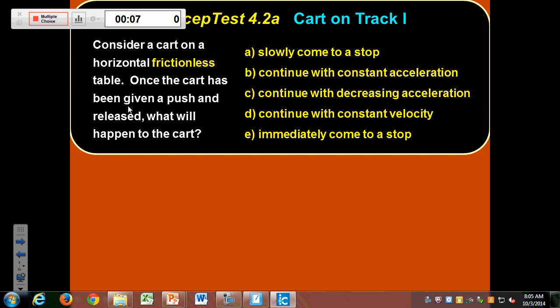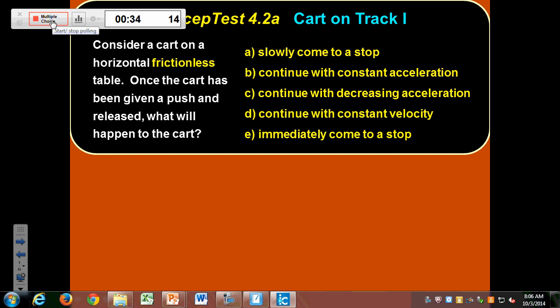Give it a push and release. What will happen to the cart?